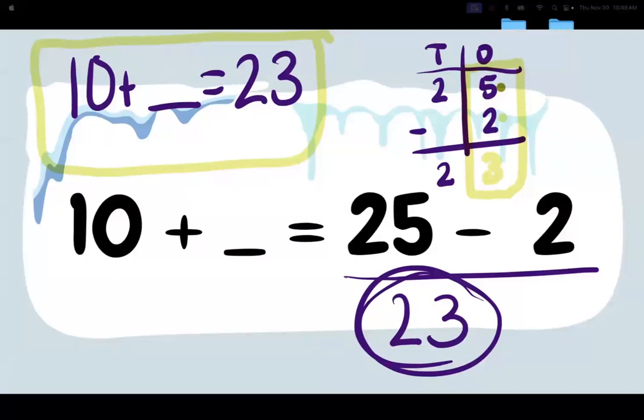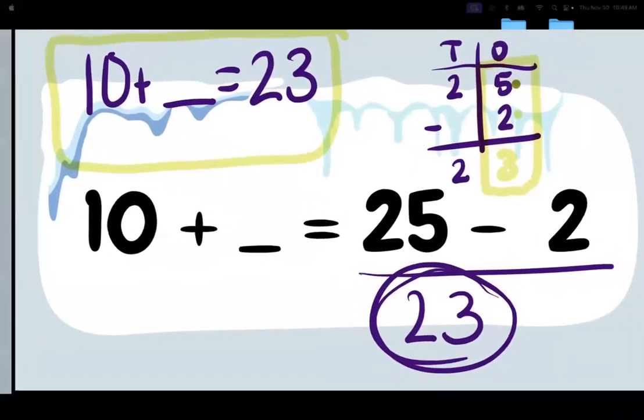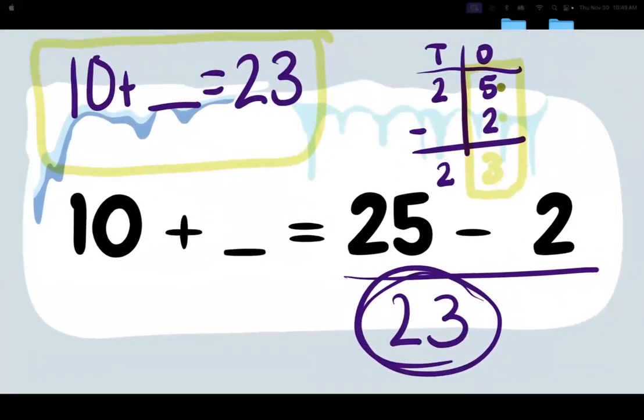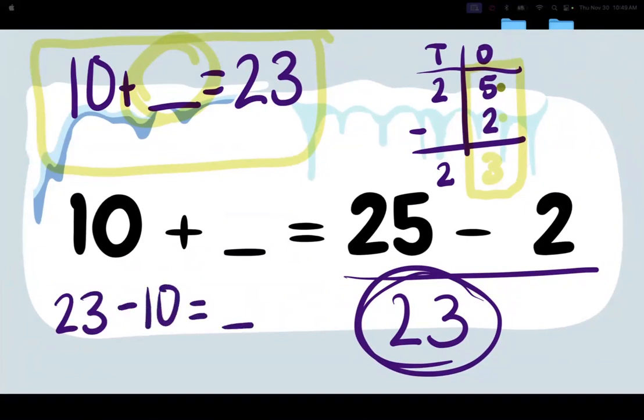What can we do from here? So if you take 23, you can take the numbers you know to find the missing number. So you know 23 minus 10 equals what?